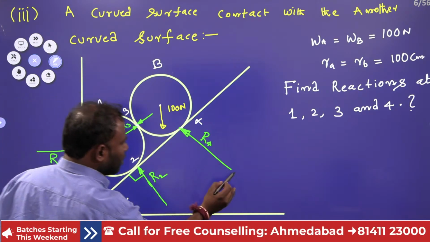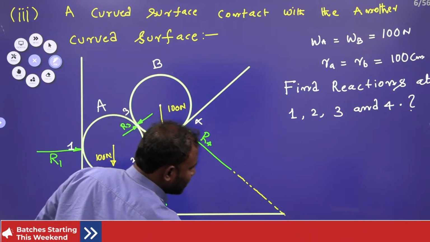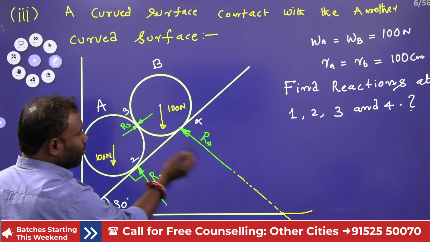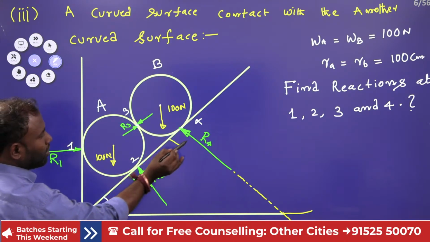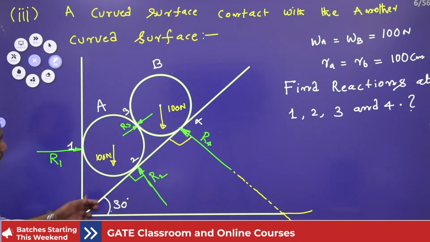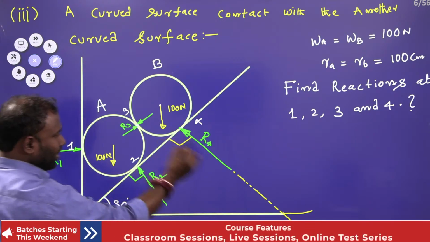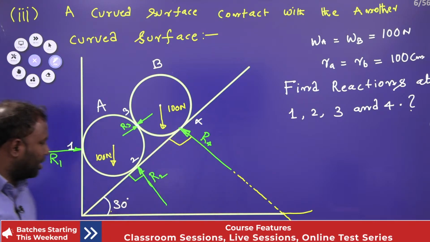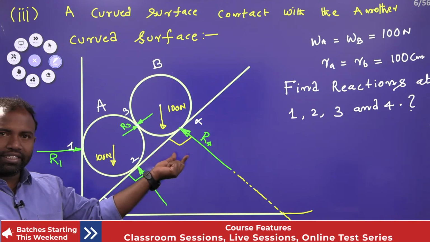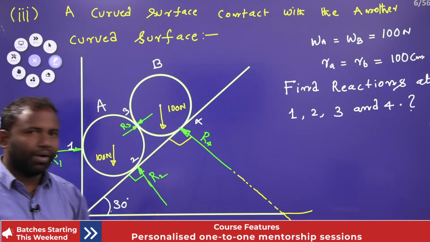Okay. Right. Now find out this angle, how much R4 makes an angle with the horizontal. So this is perpendicular, and take this triangle, it is perpendicular, 30 and it is 90. Then what happens to this?